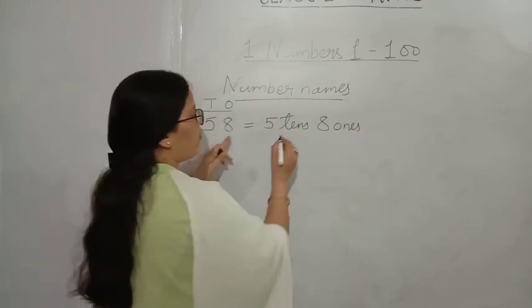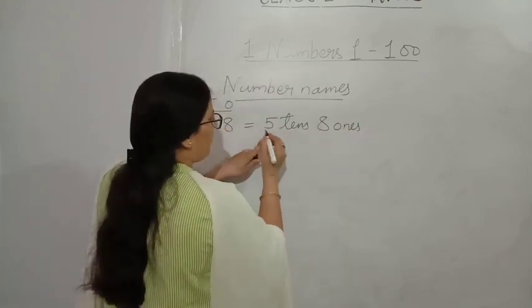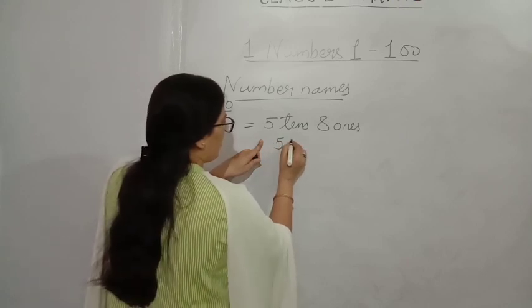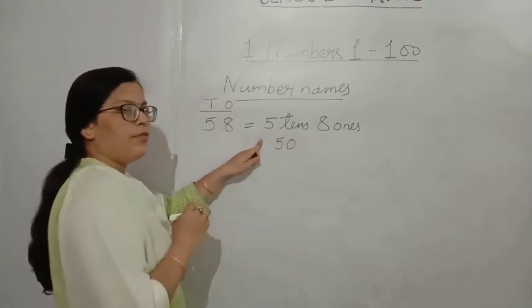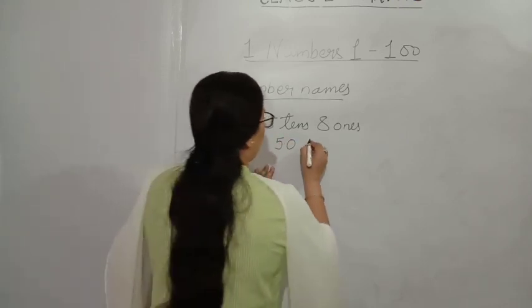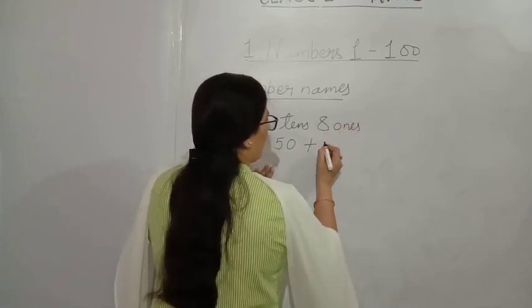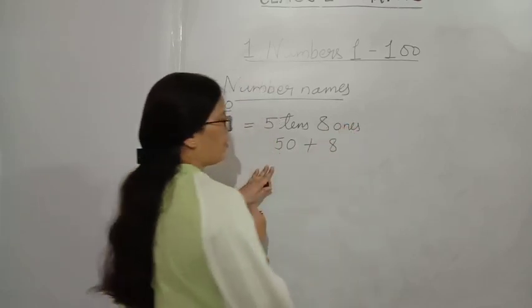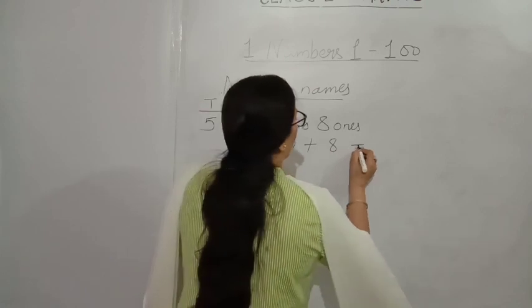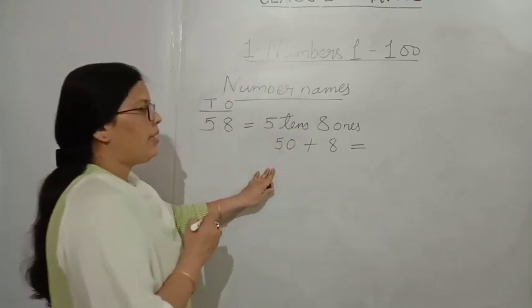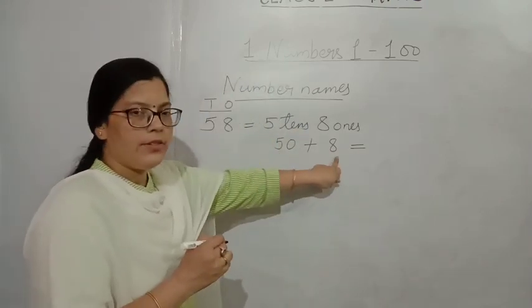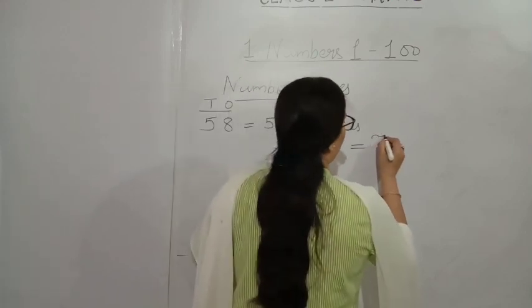What is 5 tens? 5 tens is 50, 5 times ten, and then 8 ones is 8. So how will you write the number name? It is 58.